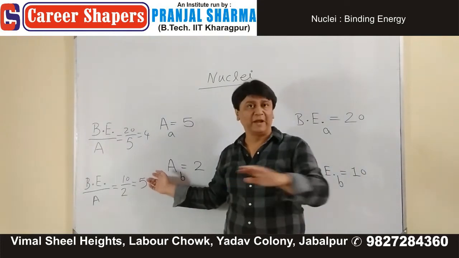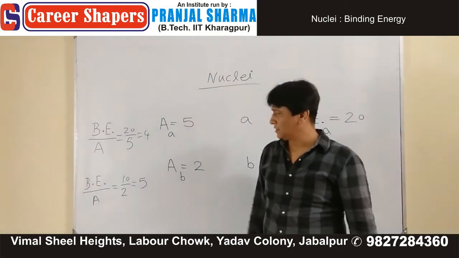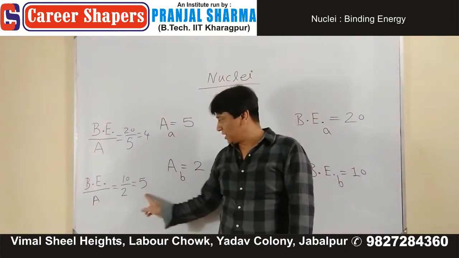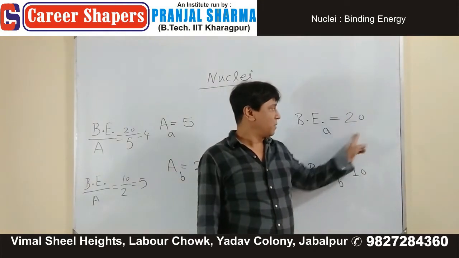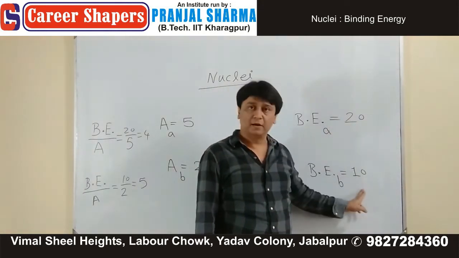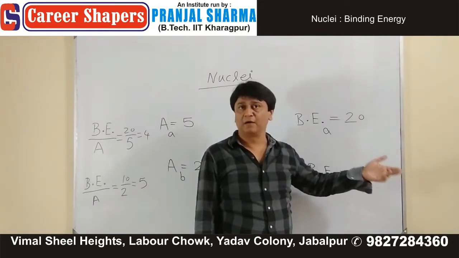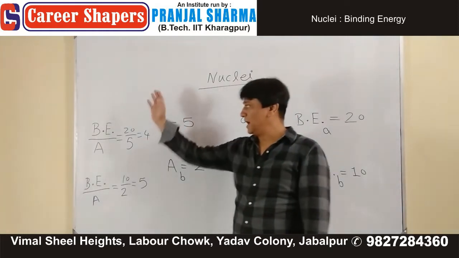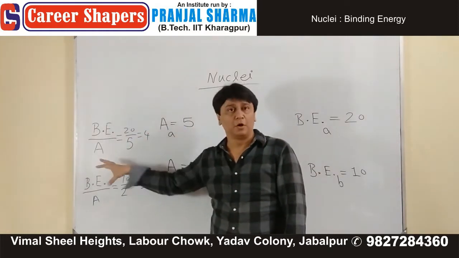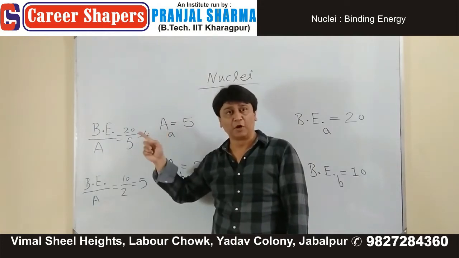That means a complete defragmentation takes place, which tells us that the energy requirement or binding energy of 20 and 10 is not a true criterion for stability. Instead, binding energy per nucleon will give us the stability of the nucleus.